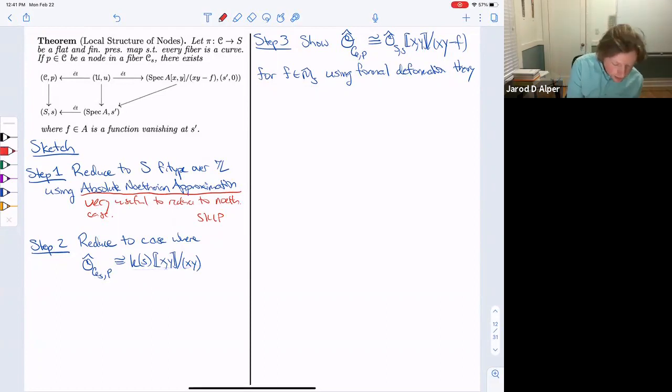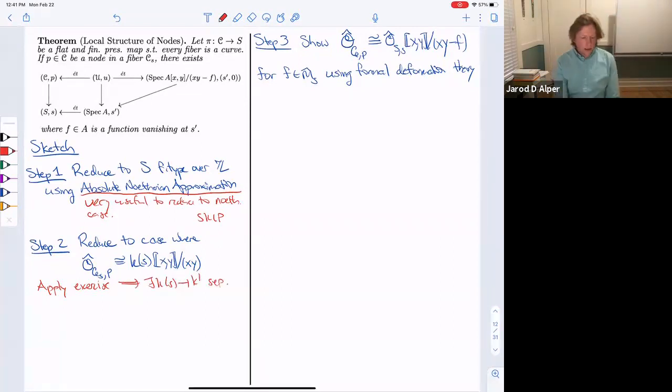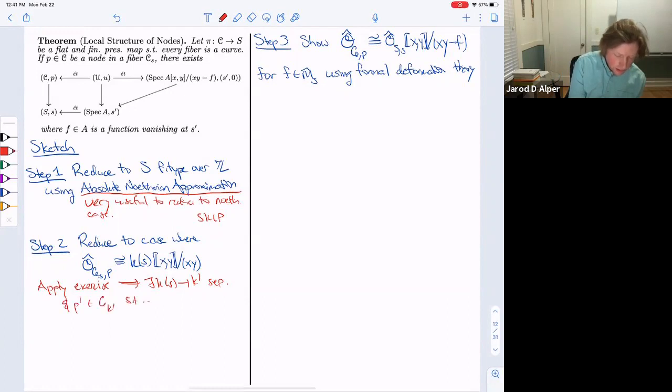The way you show this is you apply the earlier exercise to conclude that there exists a separable field extension of the fiber, and a point P prime in C_K prime, with the corresponding properties.